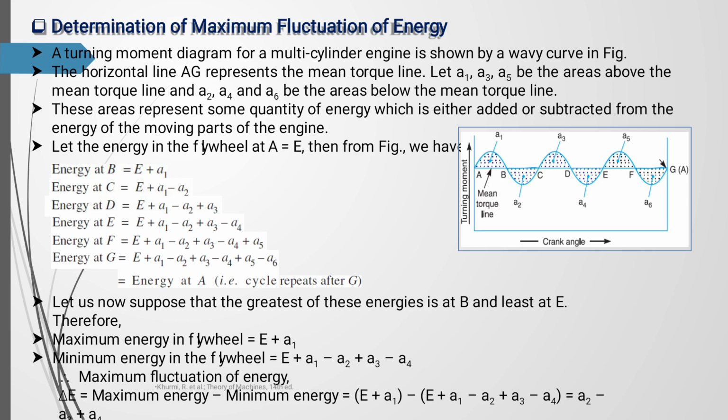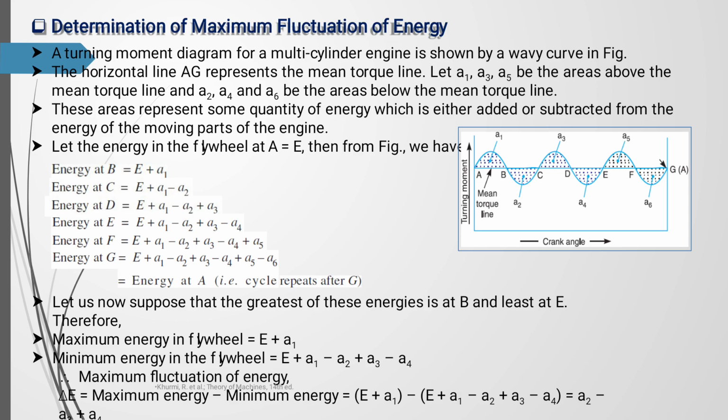Now the crank moves to the position B. The energy at B equals the already available energy plus the area A1, so E plus A1. Then at point C, the energy is E plus A1 minus A2. The minus symbol here means it is a negative energy.